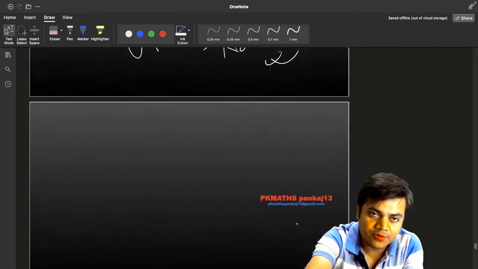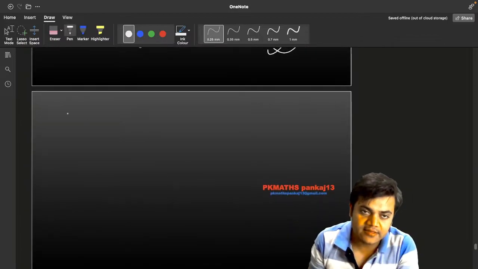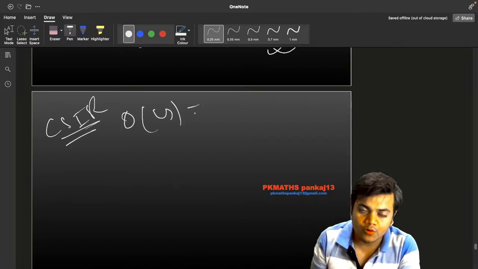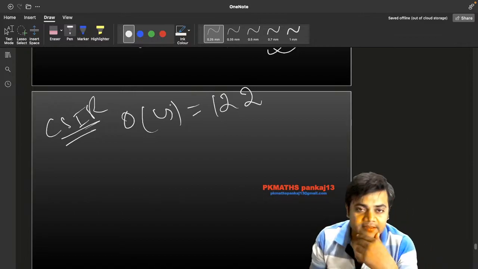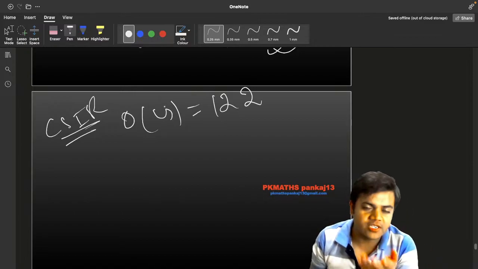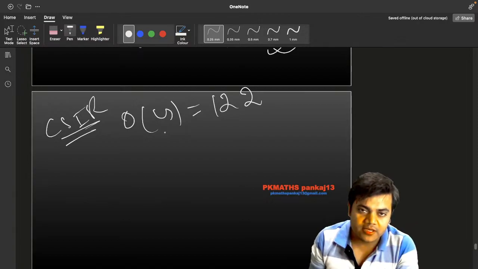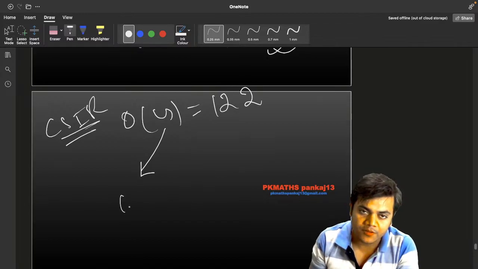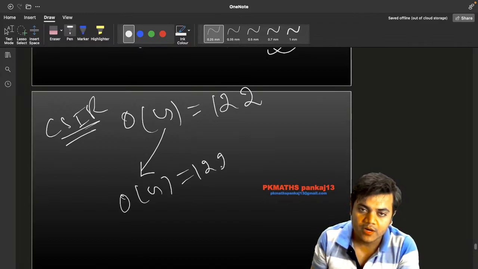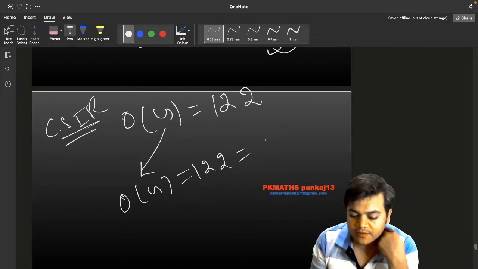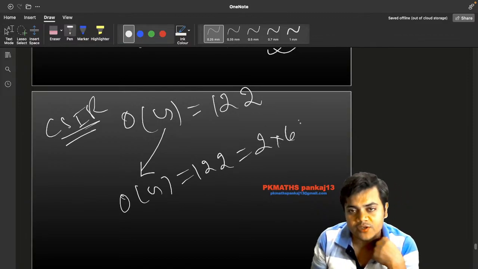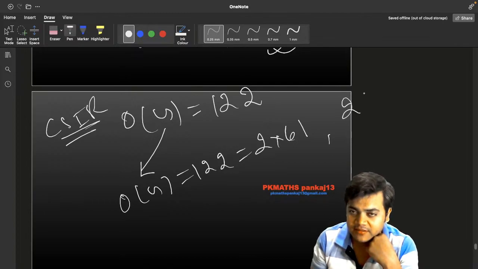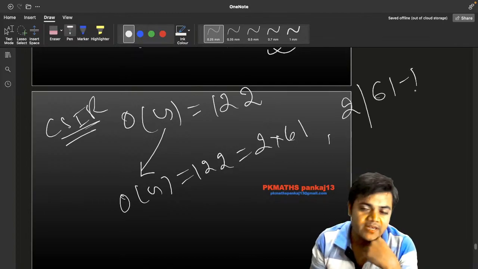Now let's come to a question that has been asked in CSIR. In that question the order of G was 122, and they asked what the possibilities for this G are. In this case we can easily observe that the order of group G is 122, and it can be written as the product of 2 primes, 2 into 61, and we can also observe that 2 divides 61 minus 1.